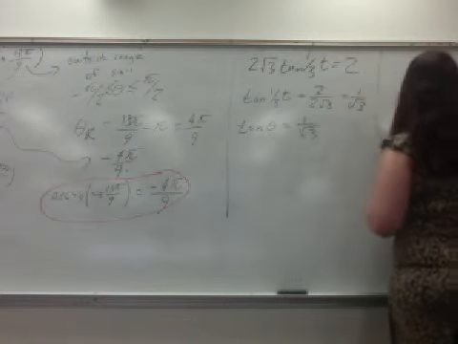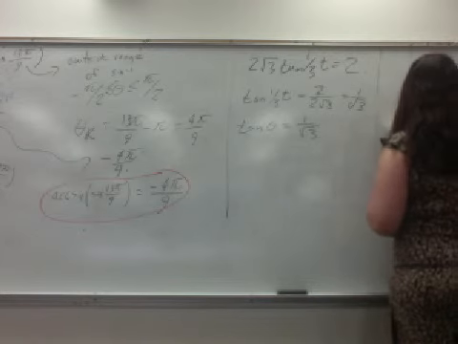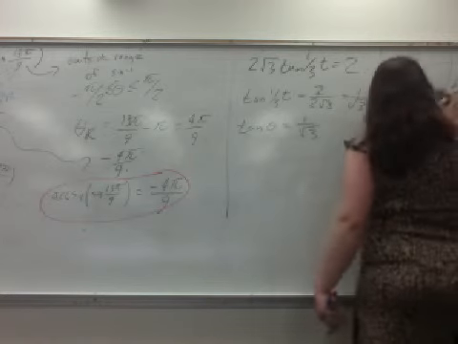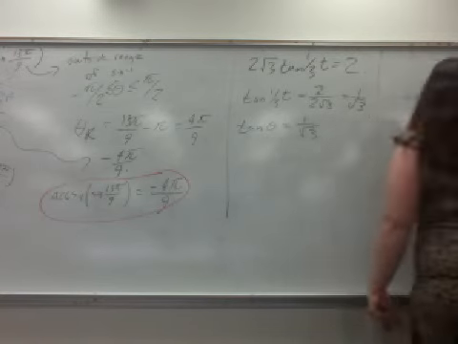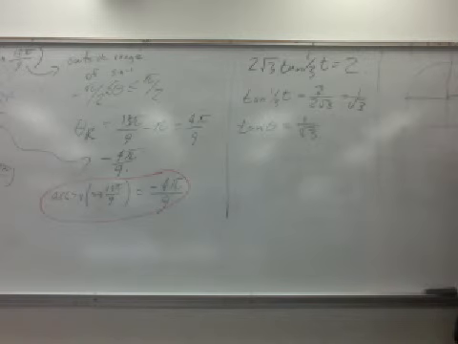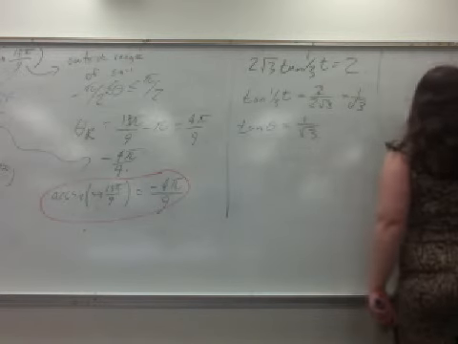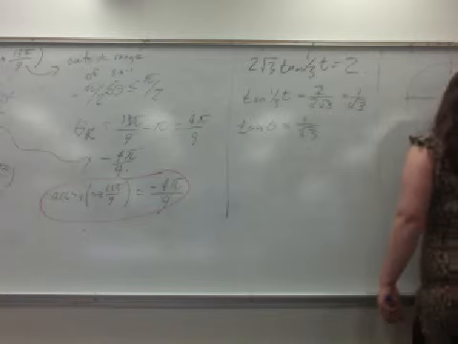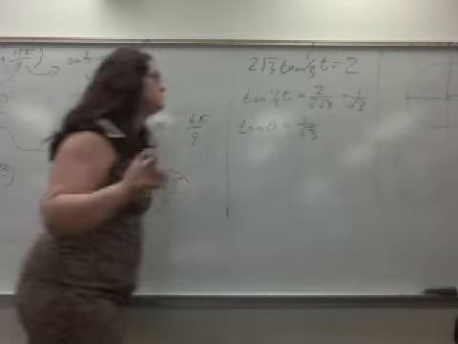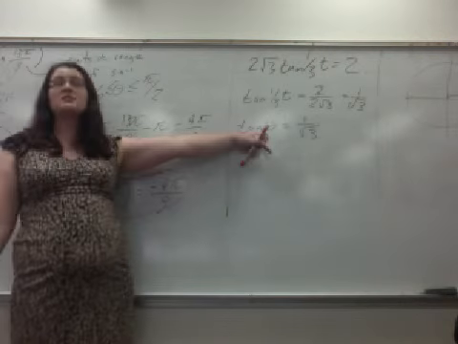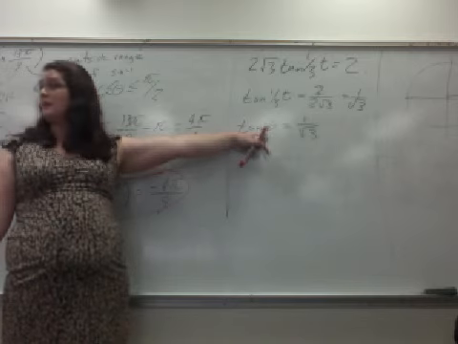Well, if I draw my unit circle, I know the angle. If I go to the angle pi over 6, the cosine is square root 3 over 2, the sine is 1/2, and the tangent of pi over 6 turns out to be 1 over square root of 3. So pi over 6 is one possible value for theta.